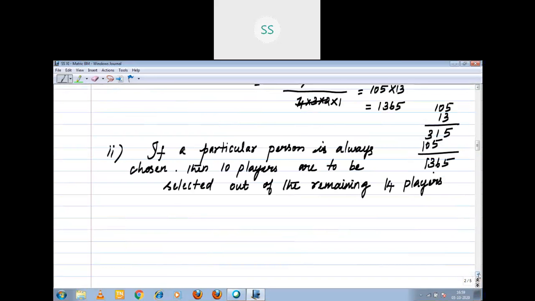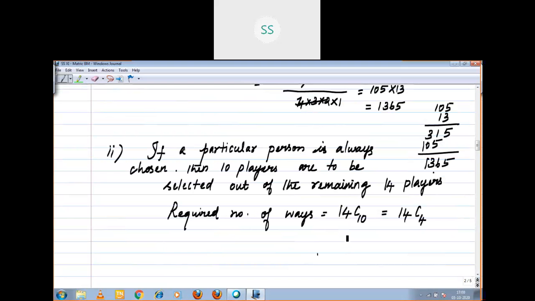Totally 11 players, right? Now the required number of ways equal to 14C10, which is equal to 14C4. The same formula NCR equal to NC N minus R. Write it in the reverse order. The numerator should have only 4 terms: 14, 13, 12, sorry, 11. Right.